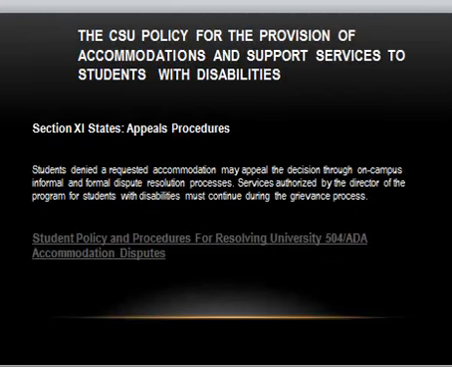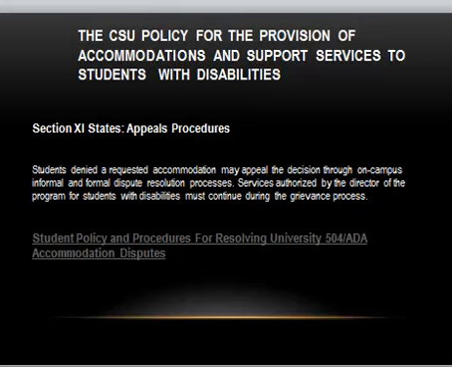Next slide. The CSU policy for the provision of accommodations and support services to students with disabilities. Section 11 states, appeals procedures. Students denied a requested accommodation may appeal the decision through on-campus informal and formal dispute resolution processes.